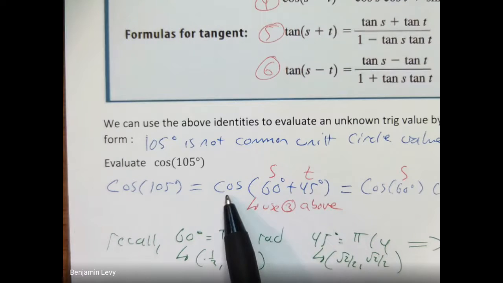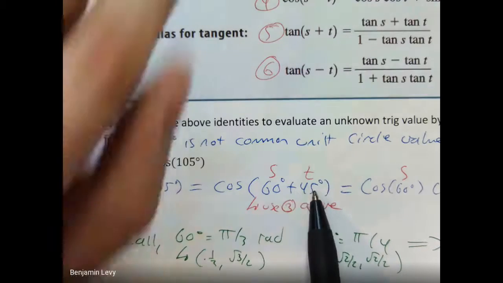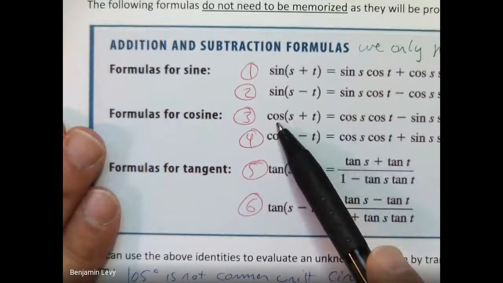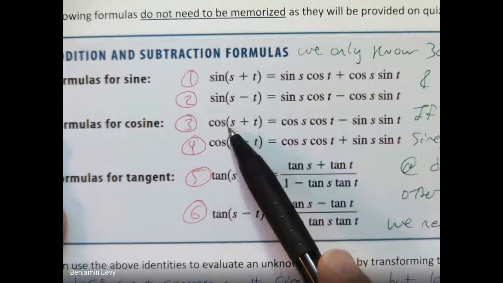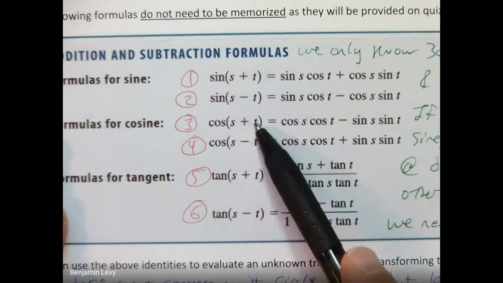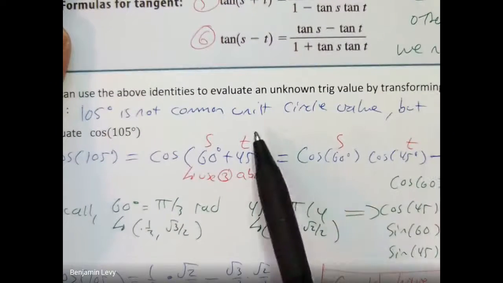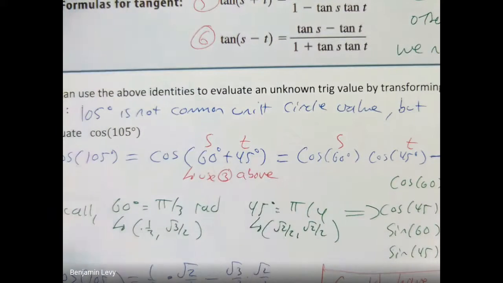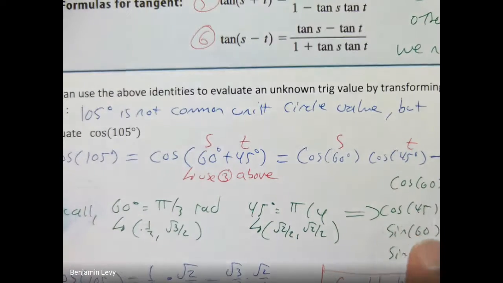And now we have cosine of two things being added. And so this looks a lot like this formula right here. That's why in this first one, we used formula number 3, because we had cosine of two things being added. And then see how the formula works?